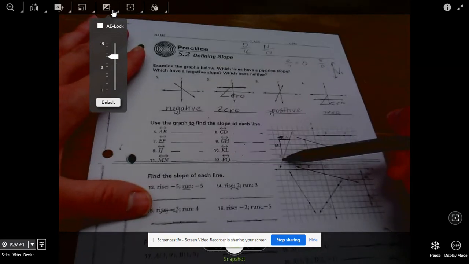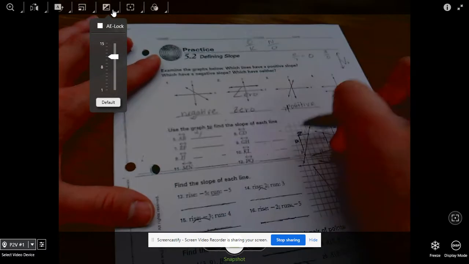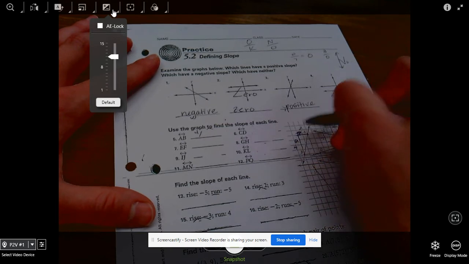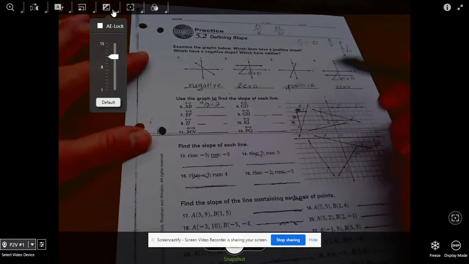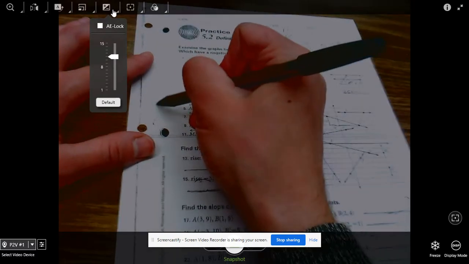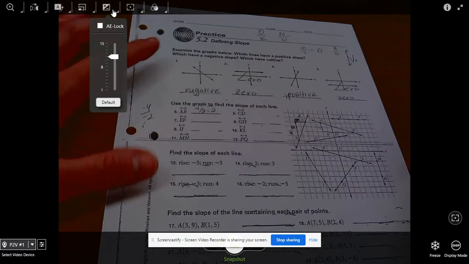If you start from B, you're going up 1, 2, 3, 4. And then you're going to the right 2. So your slope is 2. When I said it was negative, that meant if you're starting from A, you went down 4, left 2, which would still be a positive 2. Okay, it depends where you're coming from.